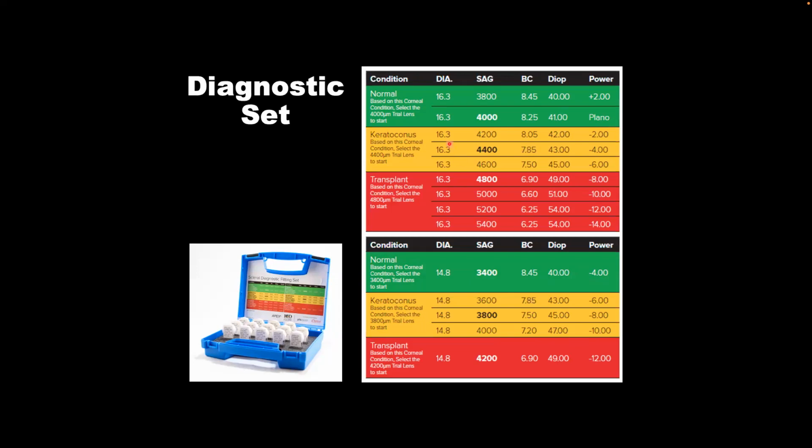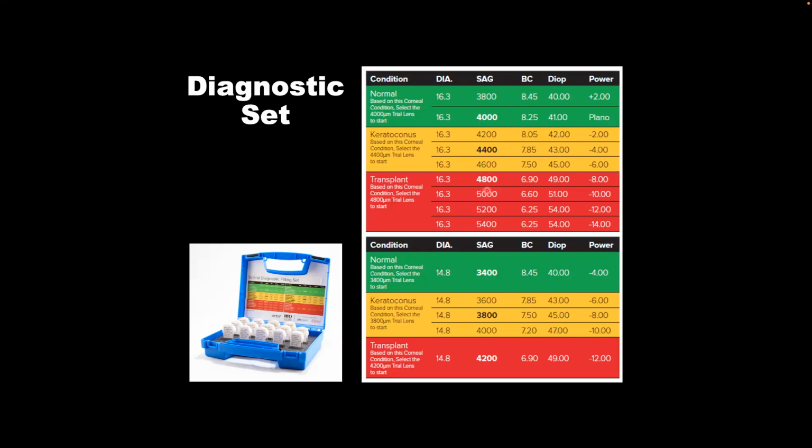Like I was telling you, this is a little table which explains where to start. This is for a normal eye shape. This is a keratoconus. This is a transplant, and it's suggested to start, and you can see it in bold writing, with the 4,000 for the normal eye, with keratoconus to start with the 4,400, and with the transplant, just go with the 4,800.